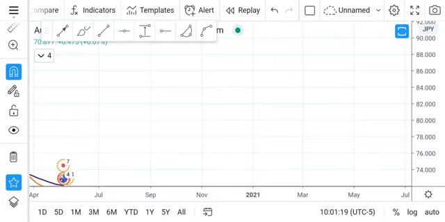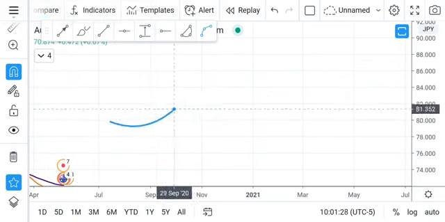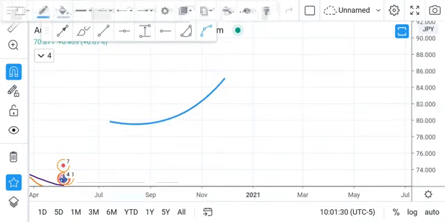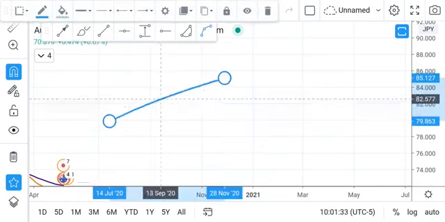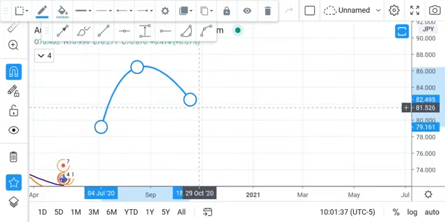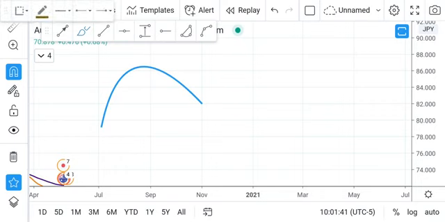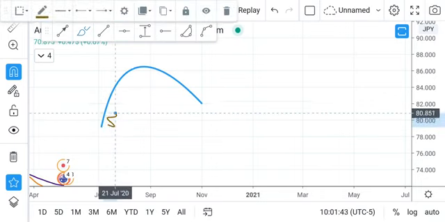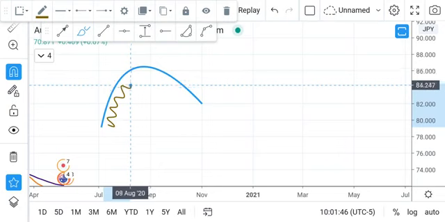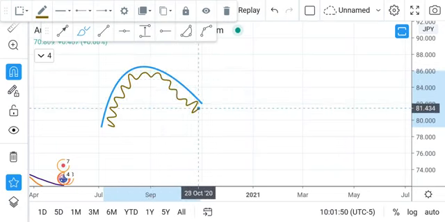So that's just the opposite of the normal cup and handle pattern. For that one, you are going to have price moving like this. You are going to see a chart pattern like this, and you're going to see candlestick patterns moving inside the range like this.